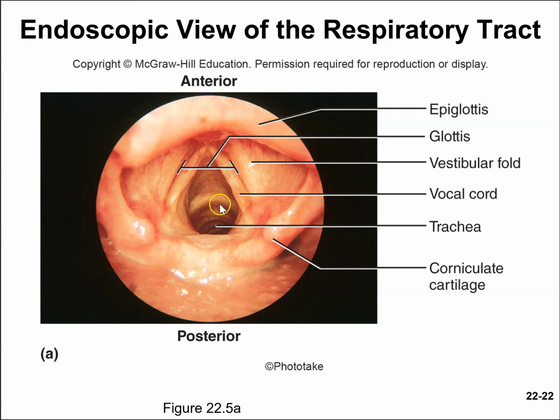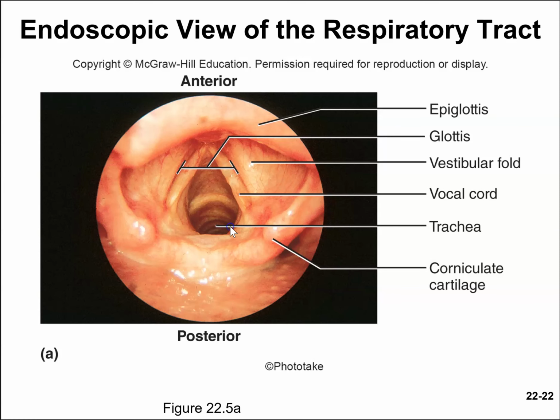Now, right over here in the front, you see the trachea. The trachea is basically made of 16 to 20 C-shaped rings of hyaline cartilage. So these are C-shaped rings, and in the front, they're made of hyaline cartilage, and these C rings are connected in the back with the help of muscles known as trachealis muscles.